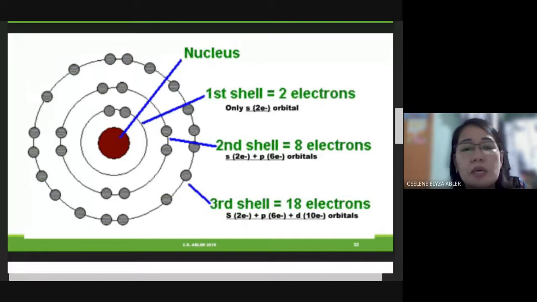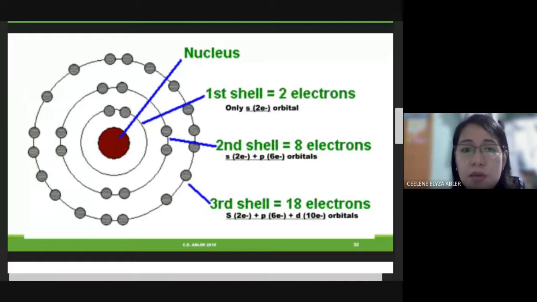Okay, so yun ang nilalagay natin para mas ma-remember. That's the elementary style, the Aufbau filling chart. We call it elementary because it's the basic.